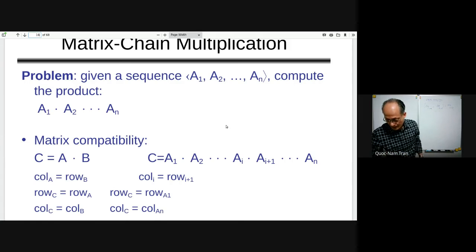So that said, we have many different ways to multiply a chain of matrices. Is this problem important? Yes, it's very important. It's used for solving differential equations approximately, right?